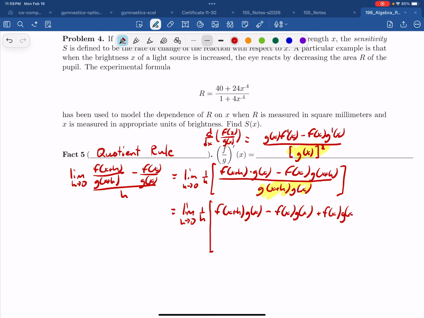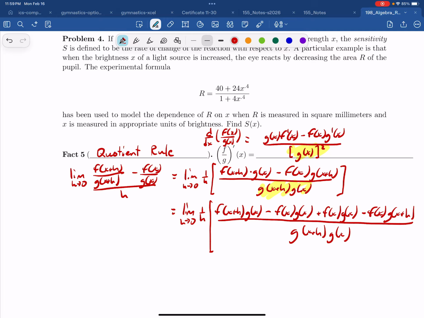You see how we subtracted something and added it right back? Sorry, I said we were adding 1, we're adding 0. This whole thing right here is 0. And then we're going to subtract f of x times g of x plus h, and this is all divided by, of course, g of x plus h times g of x.